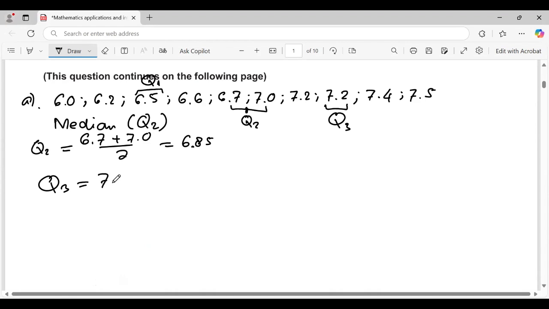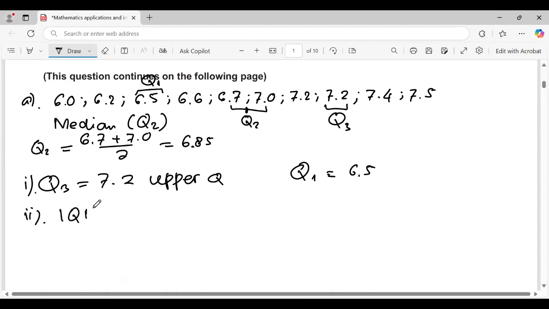So Q3 is 7.2. This is the upper quartile, the answer to the first question. The second question is the interquartile range. So we need to determine Q1, which is 6.5. So the interquartile range, or IQR, equals 7.2 minus 6.5. It is 0.7. Next question.